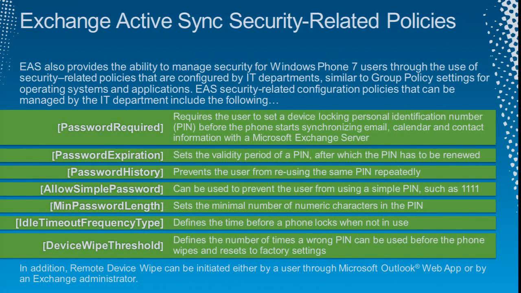Basically, we've got an auto discovery process that's built via DNS and discovery records that allows you to put in your email address and your password. What the phone does is go look up that domain. So let's say it's Microsoft.com, for example. We'll look up that domain, find that mailbox via the username, just by the email address, and then proxy that server for the settings I need to connect to it.